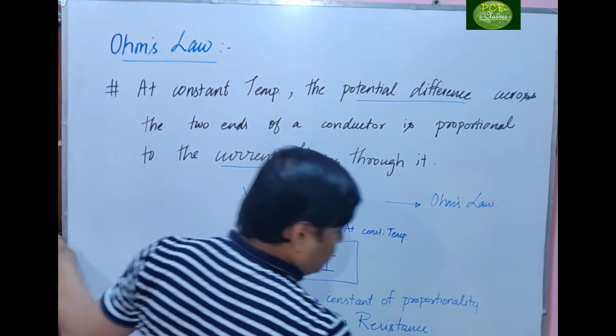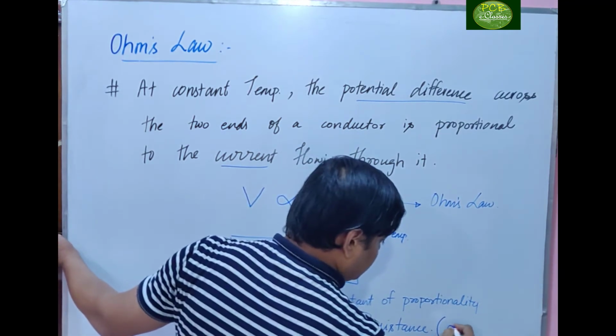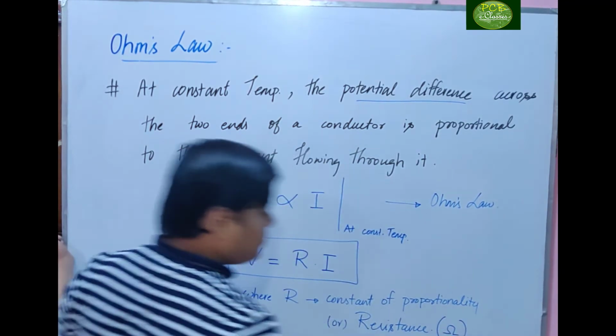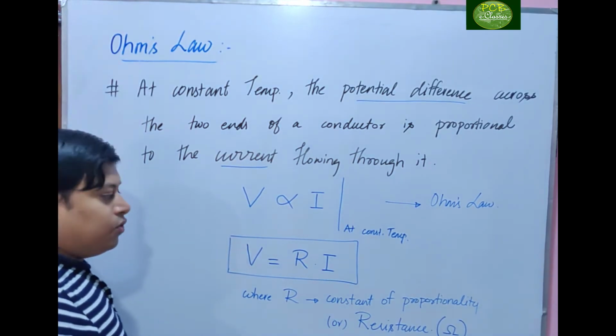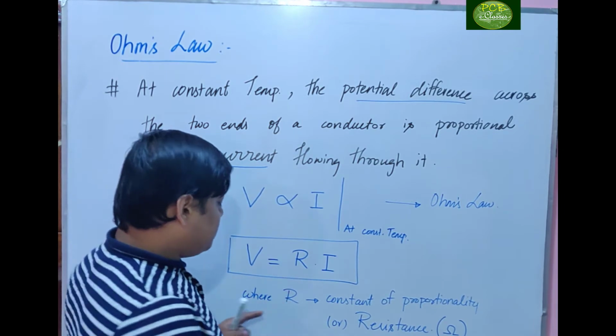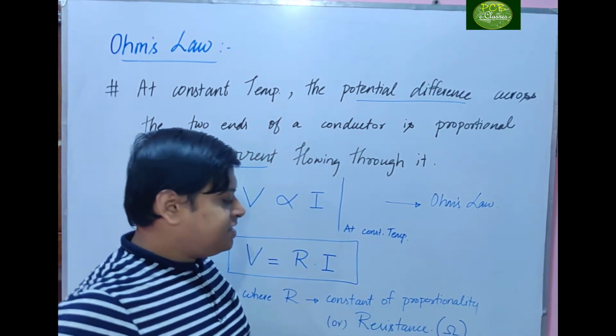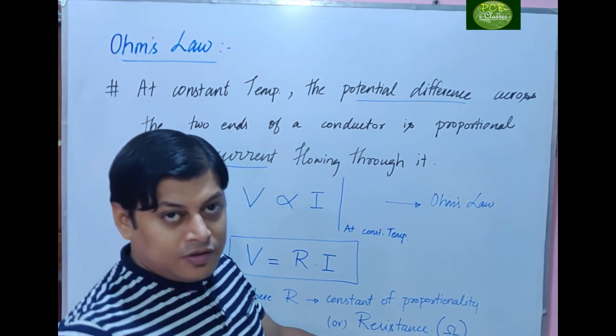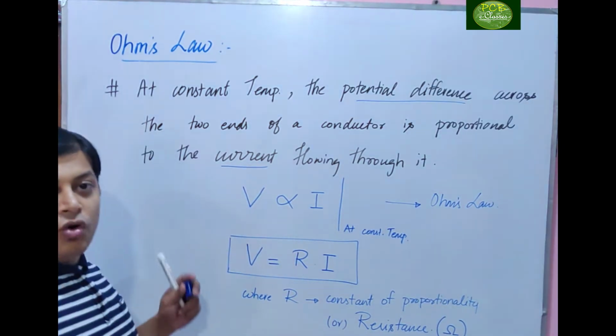Fine? Its unit is given as ohms. So V equals R I, where R is a constant of proportionality or resistance. Right? This is the definition of Ohm's law.